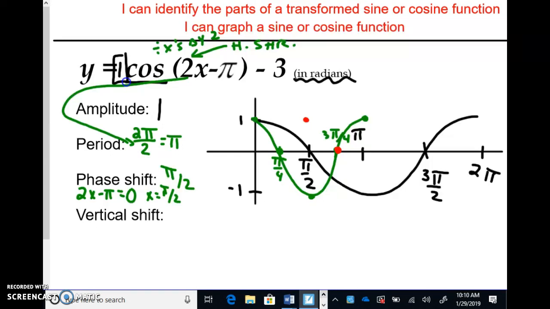Pi over 2, 90 plus 90, 180, pi. 3 pi over 4, 135, plus 90, 225, 5 pi over 4. Pi, 180, plus 90, 270.